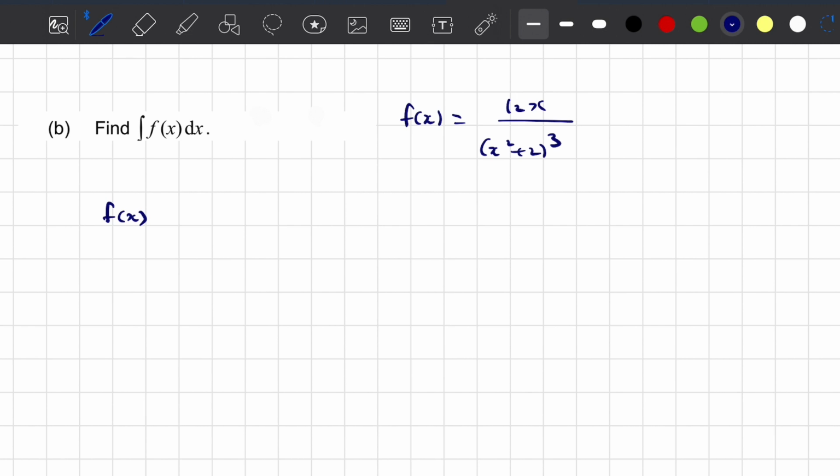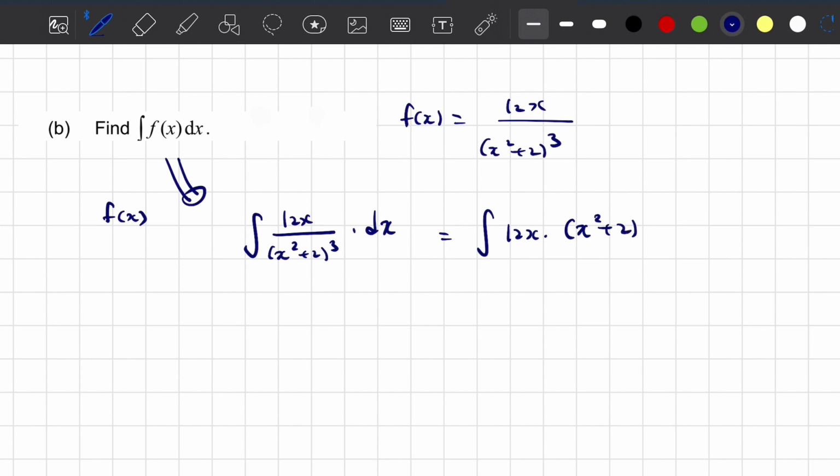So we can rewrite this as the integral of 12x over (x squared plus 2) to the power of 3 with respect to x, right? This is also the same as 12x times (x squared plus 2) to the power of negative 3 times dx.